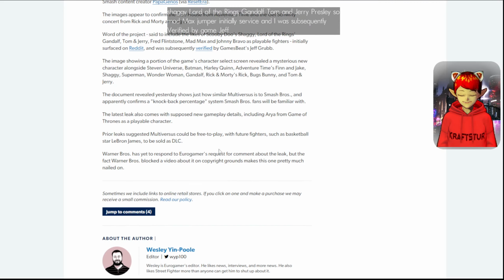So yeah, there's been leaks upon leaks upon leaks. And apparently the character select screen, which I can't verify because there's no links to it here, mysteriously shows new characters alongside Steven Universe, Batman, Harley Quinn, Adventure Time's Finn and Jake, Shaggy, Superman, Wonder Woman, Gandalf, Rick and Morty's Rick, Bugs Bunny, and Tom and Jerry.